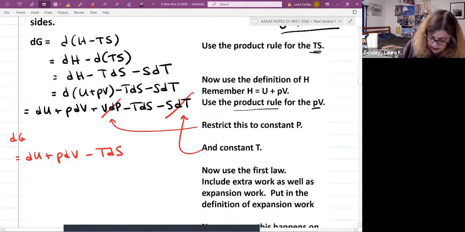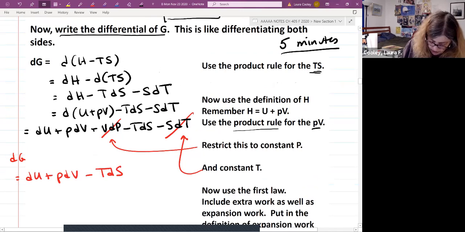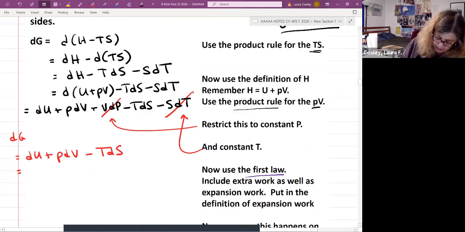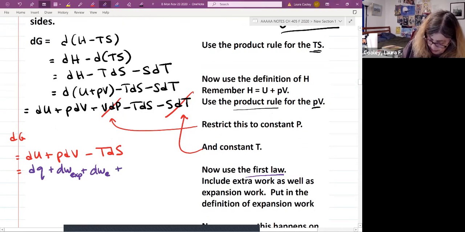I forgot something, didn't I? Oh, no. Okay, now I have to use the first law. Okay, I am in the right place. dQ plus dW expansion plus dW extra plus PdV minus TdS.